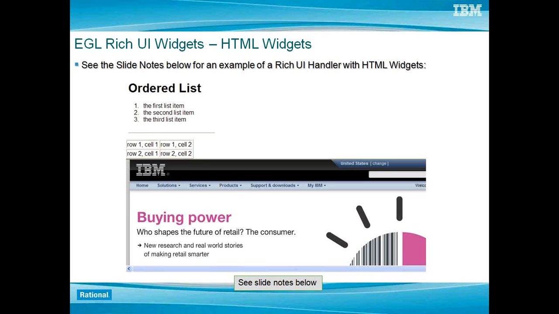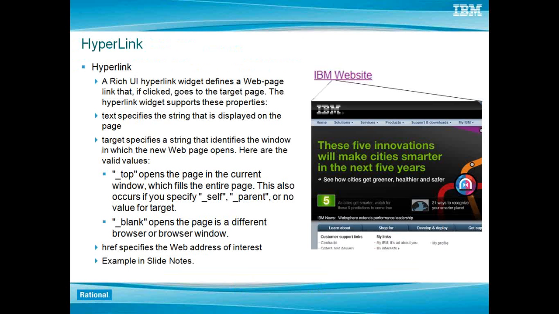We have a sorted list of values, we have table text, and we have a div. Inside of the div, we have opened a different URL, a different website. In this way, we can customize our HUI page.